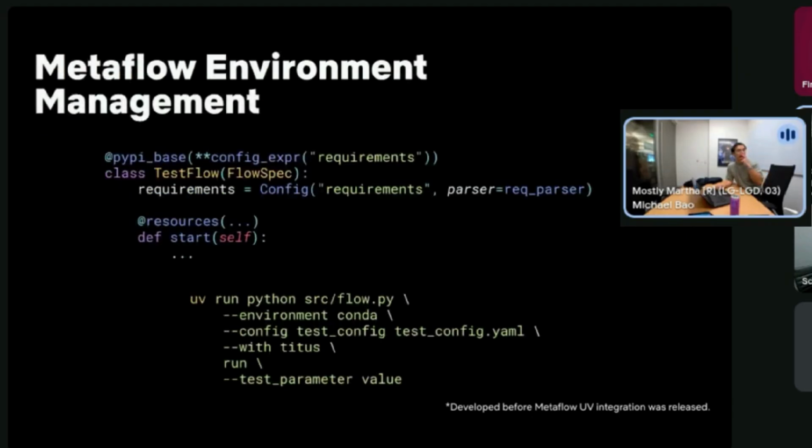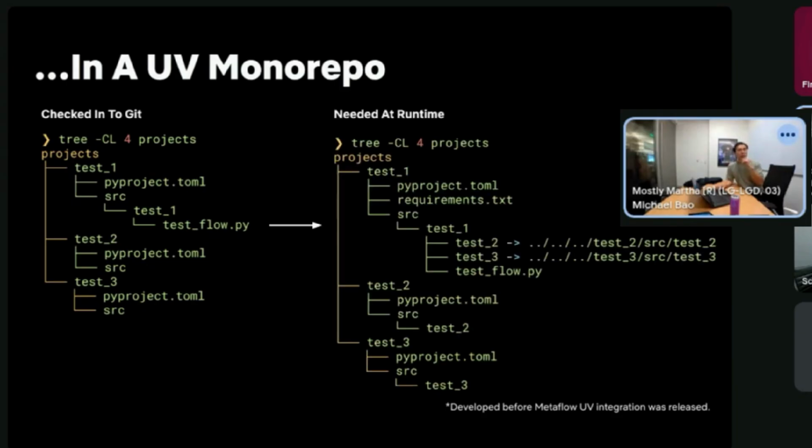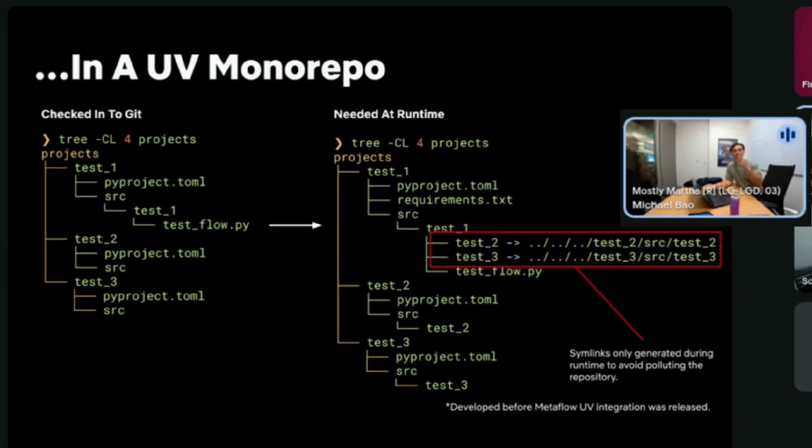In this case, a requirements.txt doesn't really work because we would be passing editable dependencies, and that's not really supported. So what you can do in Metaflow is generate your requirements.txt, but you can also create symlinks. These two symlinks are just pointing to the source module within the test2 and test3 projects.